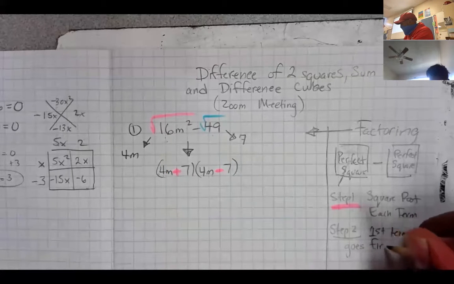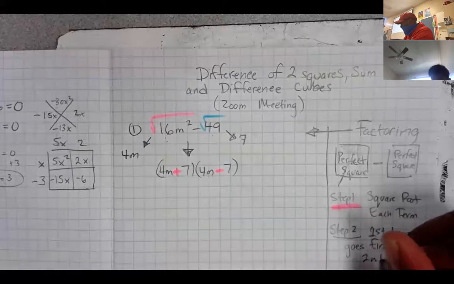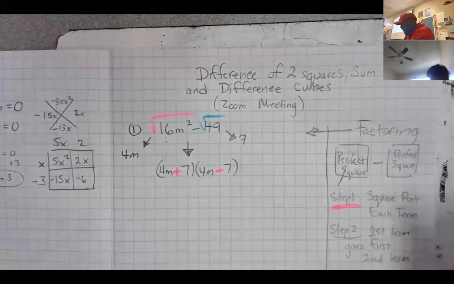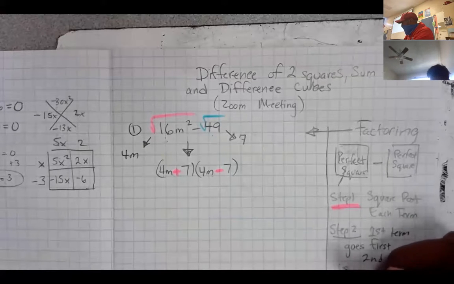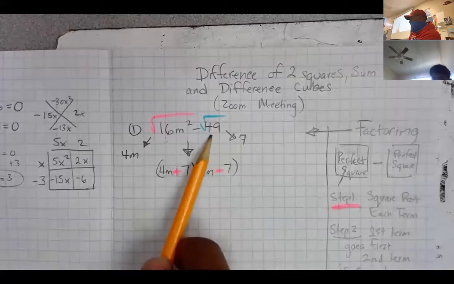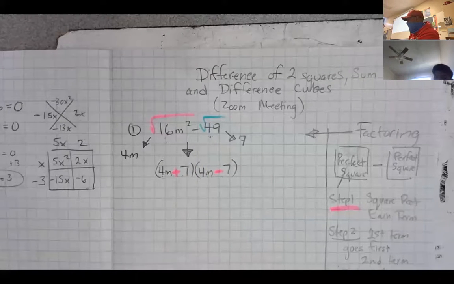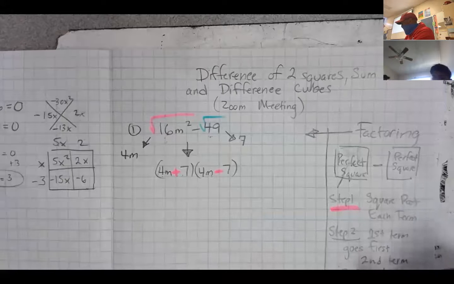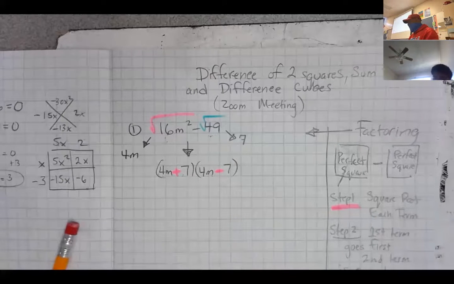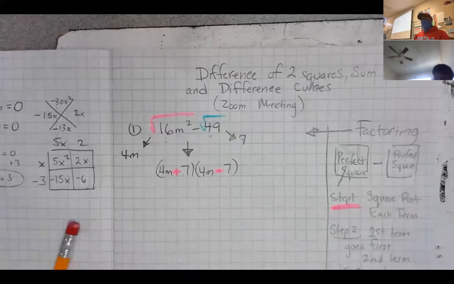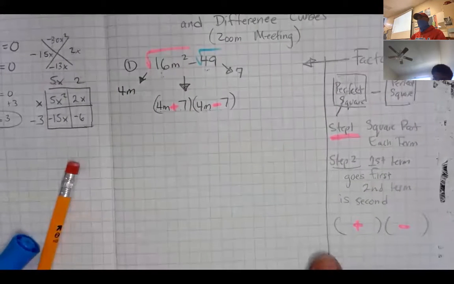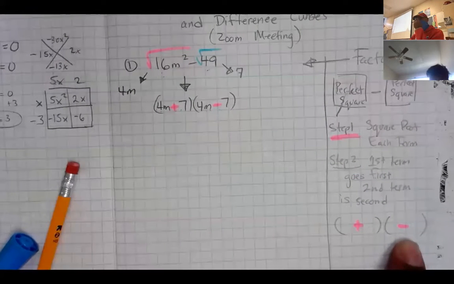So first term goes first, and then second term is second. So I take the square root of the second one, and it's the second number. And then it will always be plus and minus. Okay, you always have one will be plus and one will be minus. So that's what I just wrote right there.